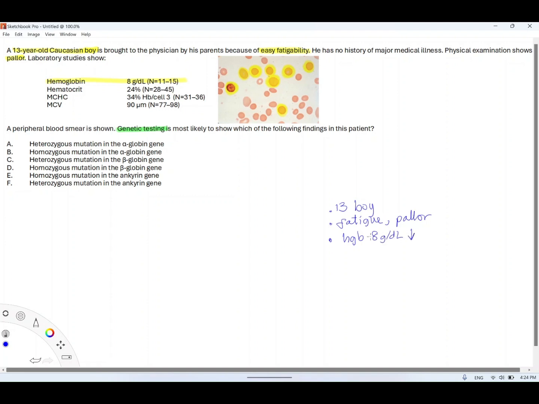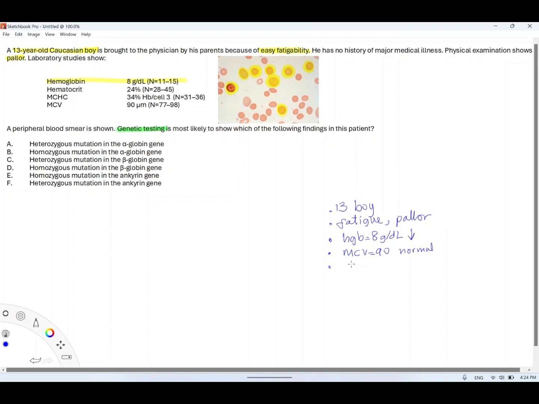That's very, very low. Less than 7 or 7 requires transfusion of packed red blood cells. Mean corpuscular volume is 90, which is normal. So that's good too.